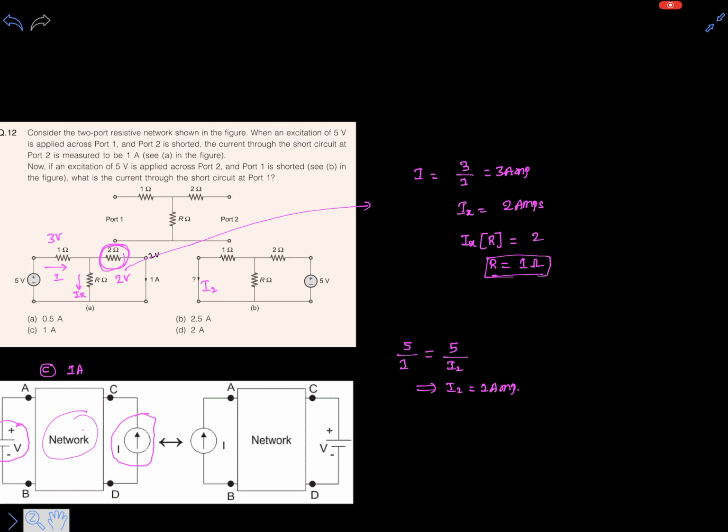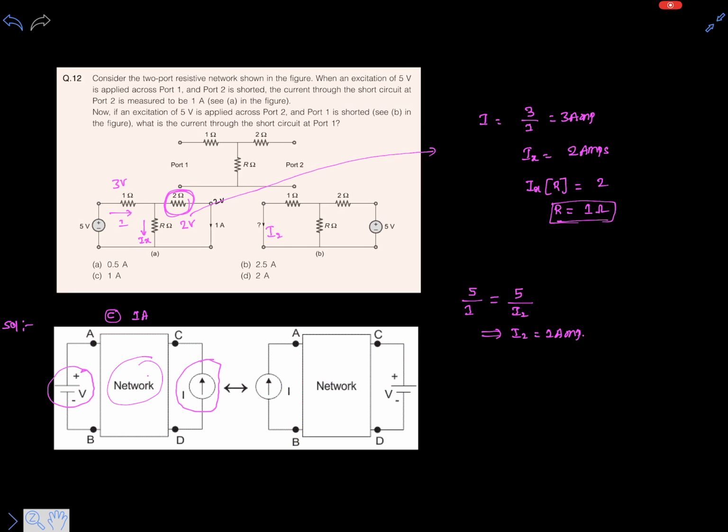That's it. By substituting this R in the right side of the circuit, we can easily calculate the current I2. The total current IT will be 5 over 2 plus 1 parallel 1, so IT will be 2 amps.